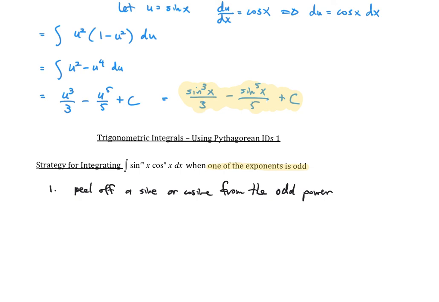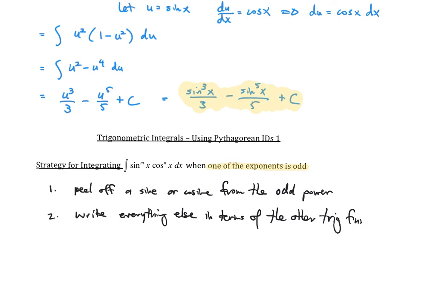The second thing we're going to do is write everything else in terms of the other trig function. And the last thing we're going to do is use u substitution.